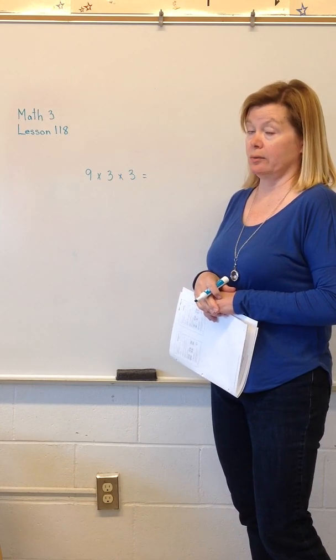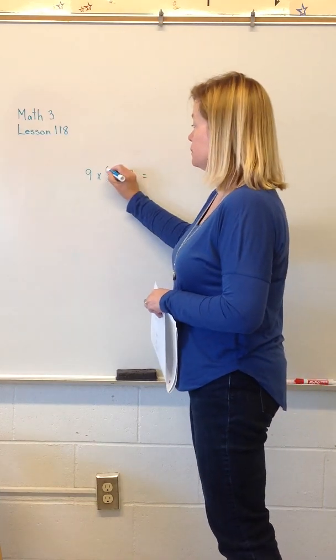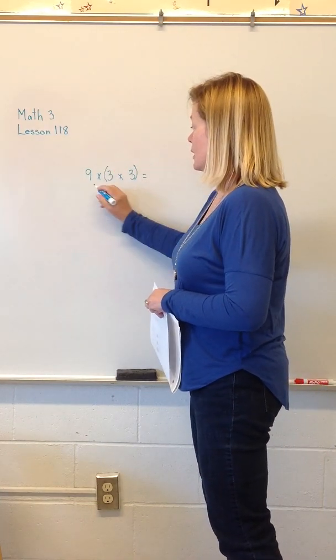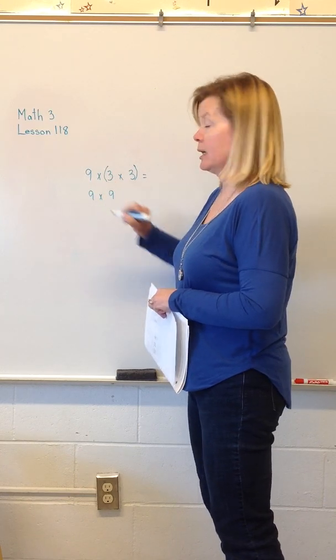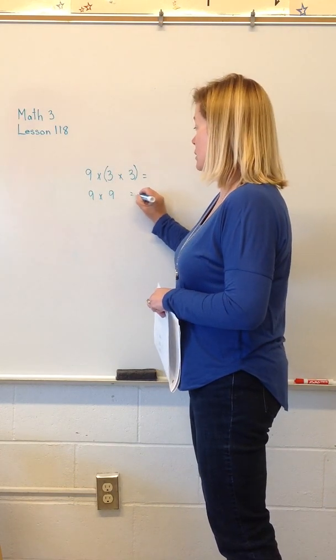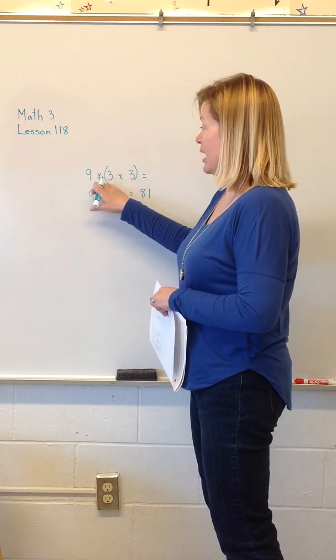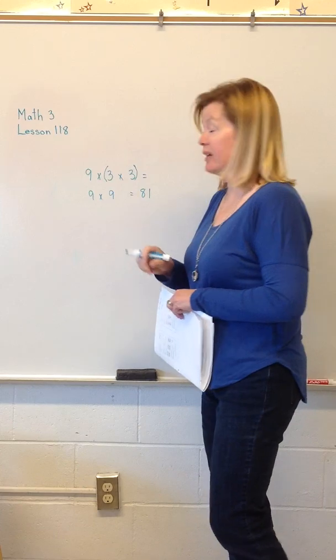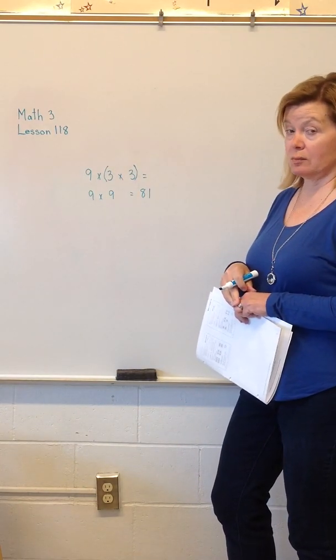I'll show you what I would do. It's a lot easier for me to do this, because then I have 9 times 9. And I know that 9 times 9 equals 81. The other way, I would have to multiply 27 times 3. And that I cannot do with mental computation.